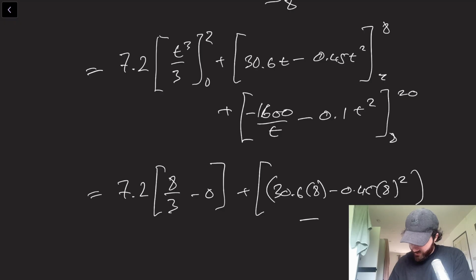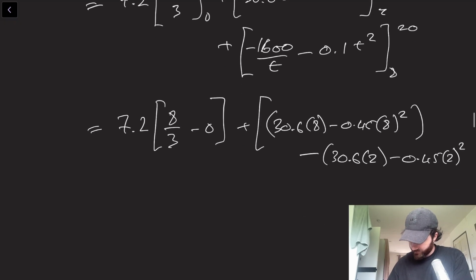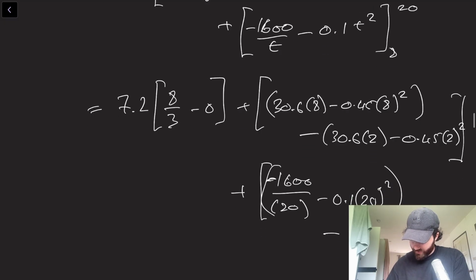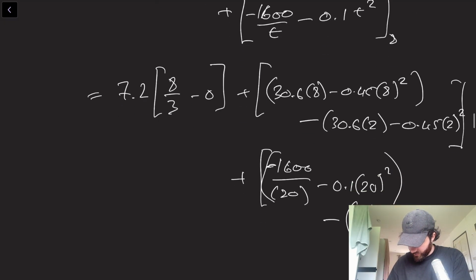That thing minus 30.6 times 2 minus 0.45 times 2 squared. That thing plus, I'm just wondering if I should write it all out or not, 1600 over 20 minus this over 20 minus 0.1 times 20 squared. That thing minus 1600 over 8 minus 0.1 times 8 squared.